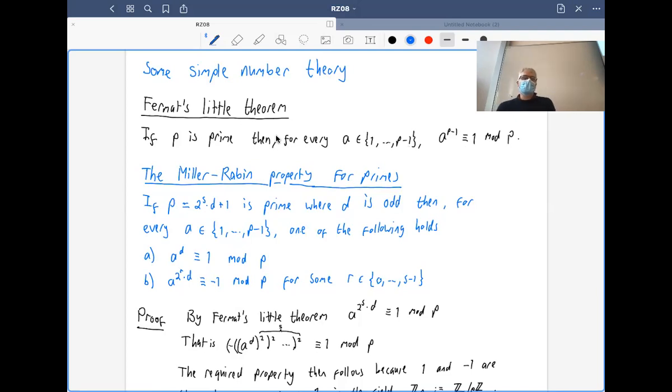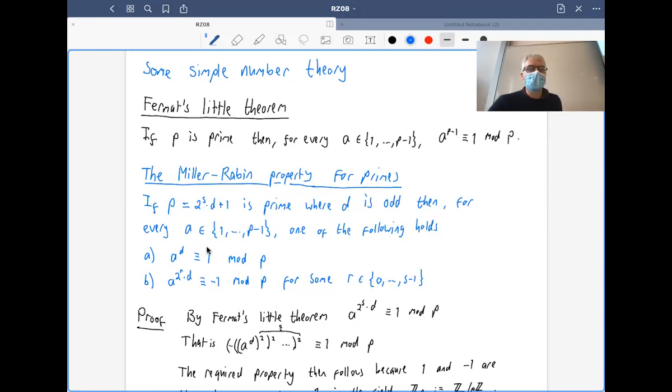So in the 1970s, Miller and Rabin, between the two of them, Miller in 76, I think, and Rabin finishing it off in the 1980s, realized that one could adapt this to a more subtle test, a more subtle property of primes, which can be used as the basis of an algorithm for testing whether a number is prime.